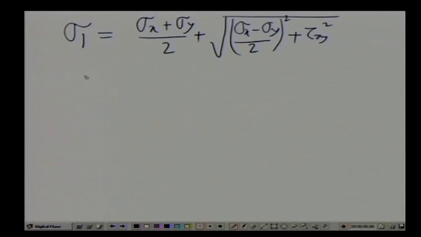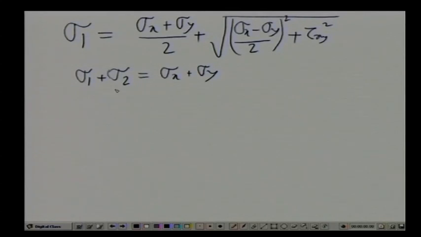Now, we have seen that the normal stresses are constant: the summation sigma x plus sigma y is equal to sigma x dash plus sigma y dash, which should be equal to sigma 1 plus sigma 2, because these are the two normal stresses acting in two perpendicular planes. So, you can write sigma 1 plus sigma 2 as equals to sigma x plus sigma y.